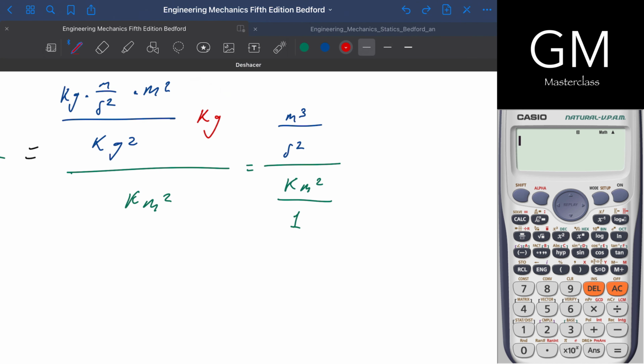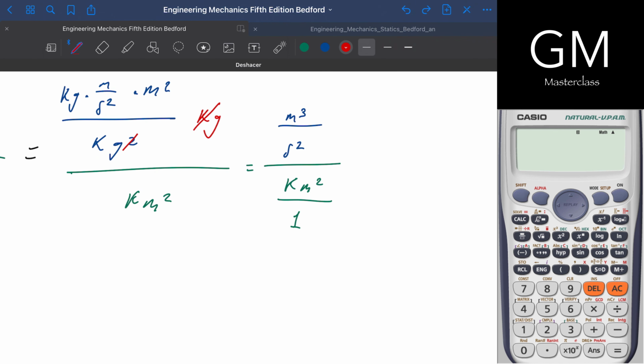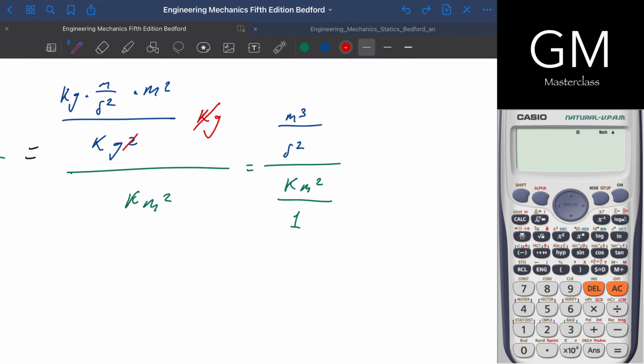I am eliminating these kilograms with these two, because right here I have two of the same unit, which are the kilograms. Then I'm going to eliminate this with this, and I'll have the answer of multiplying meters by square meters, which are meters to the third power, divided by square seconds.